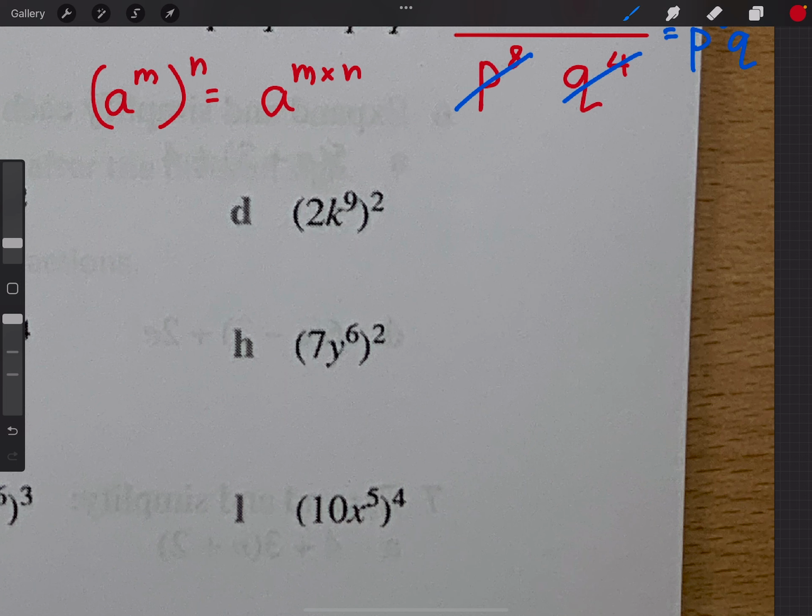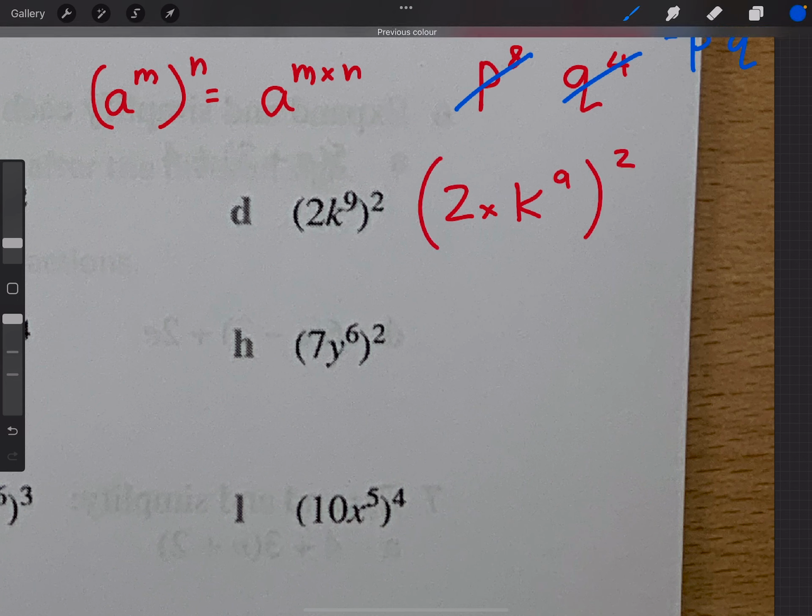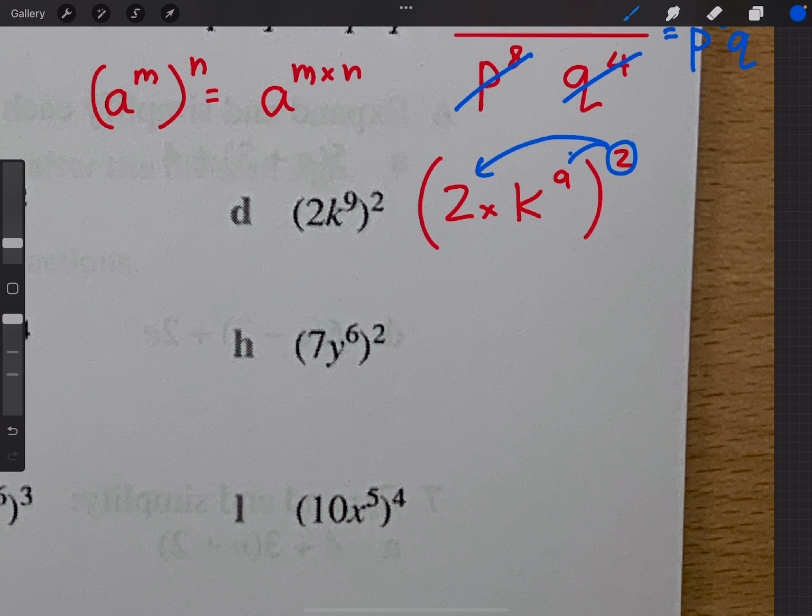Here you've got 2 times k to the 9. When you put this to the power of 2, you square everything. You square the 2 and you square the k to the 9. What happens when you square the 2? You get 4. What happens when you square k to the 9? That's k to the 2 times 9, which is 18.